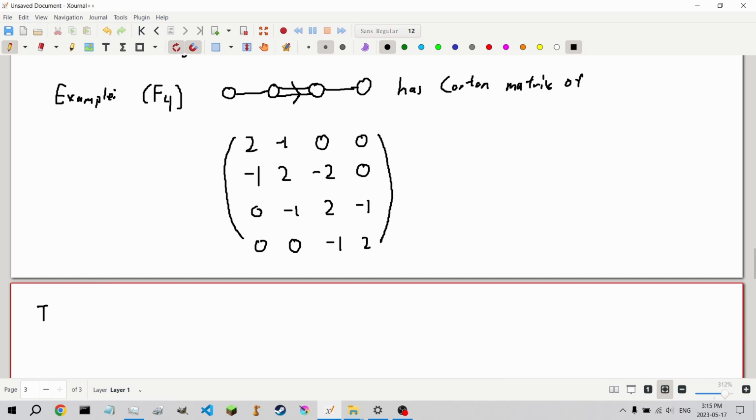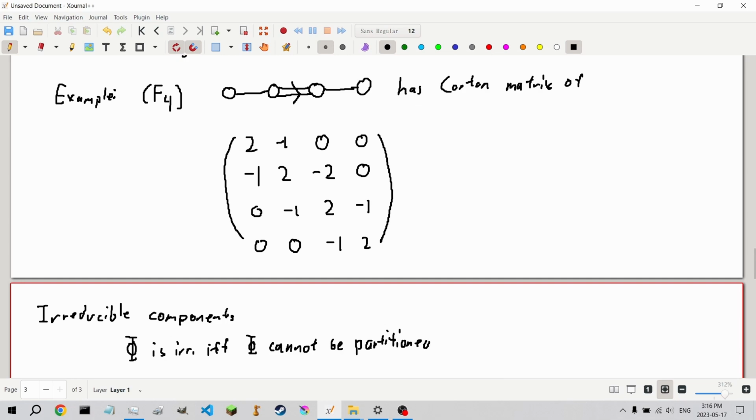So this is on irreducible components. If you remember, our root system phi is irreducible if and only if phi cannot be partitioned into proper orthogonal subsets.